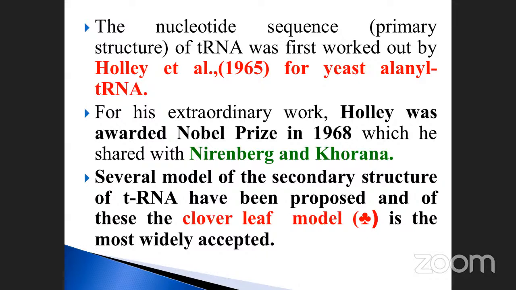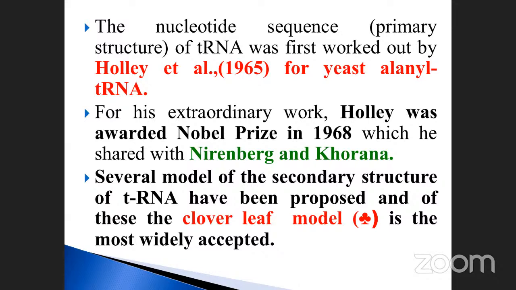Et al. is nothing but the co-workers. For his extraordinary work, Holley was awarded the Nobel Prize in 1968, which he shared with Nirenberg and also Khorana. These are the co-workers.